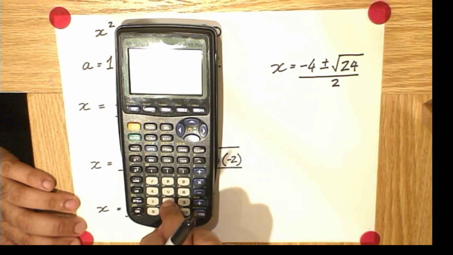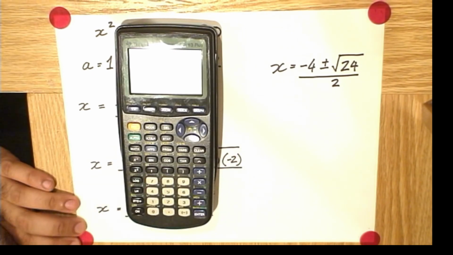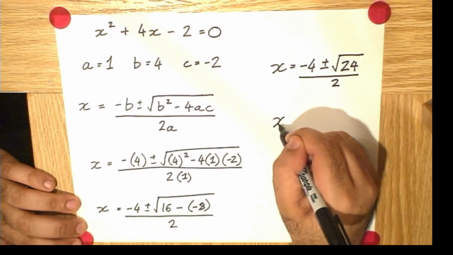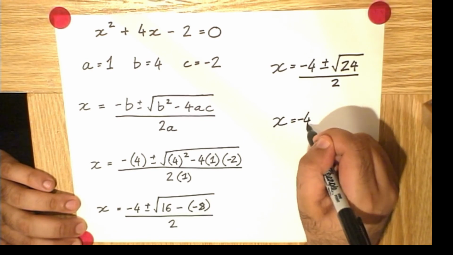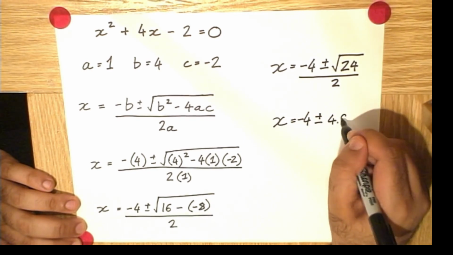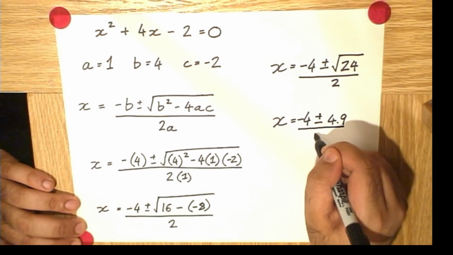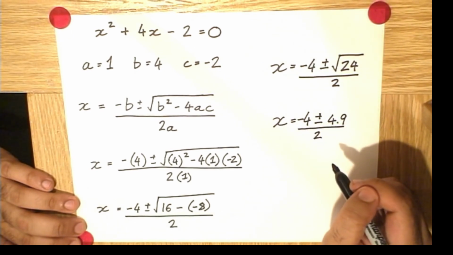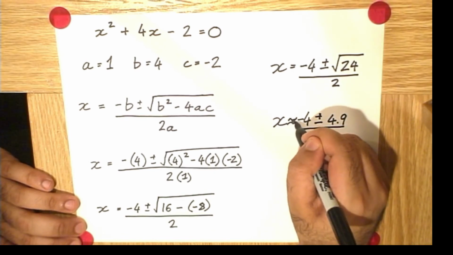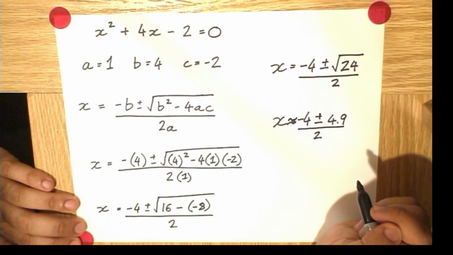The square root of 24 is about 4.9. So we can say that x equals -4 plus or minus 4.9, all divided by 2. Let's say x is roughly equal to -4 plus or minus 4.9 divided by 2.